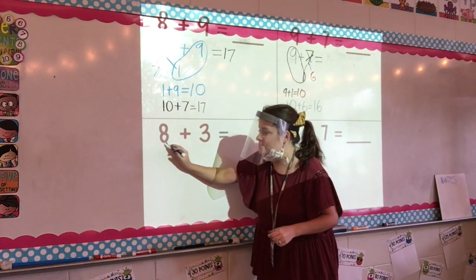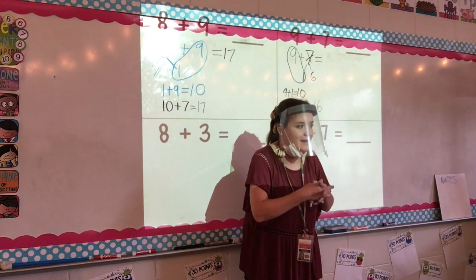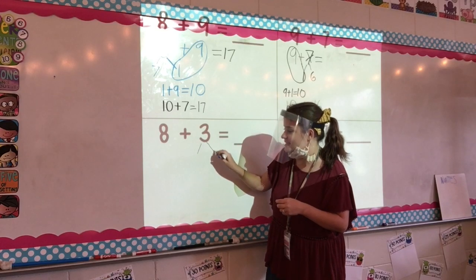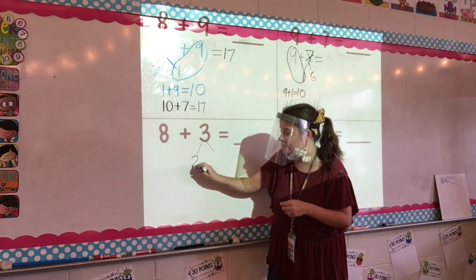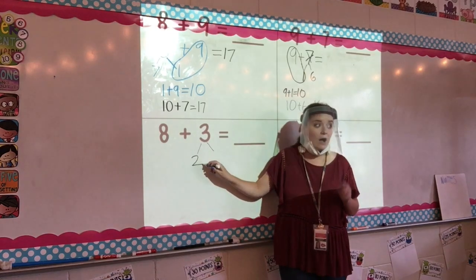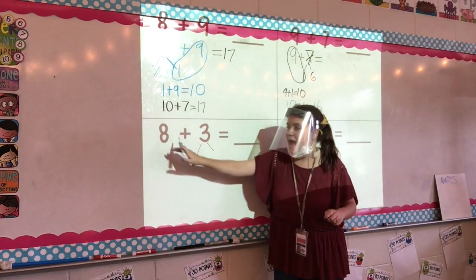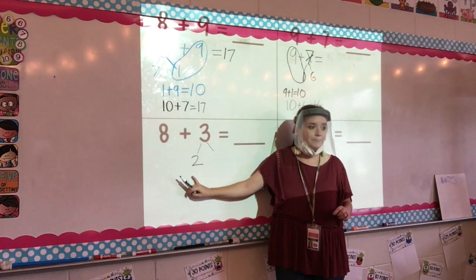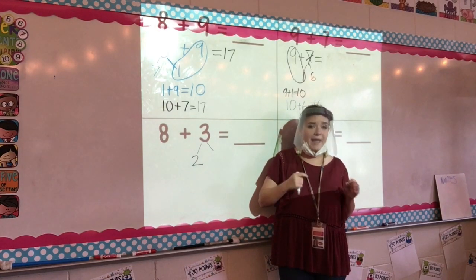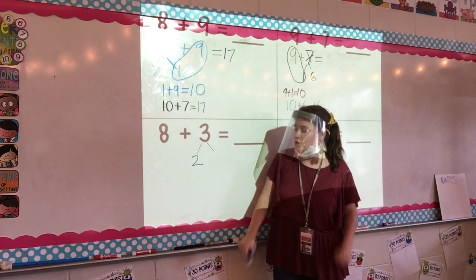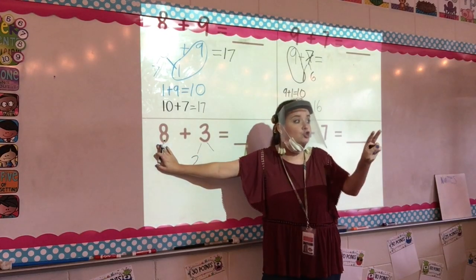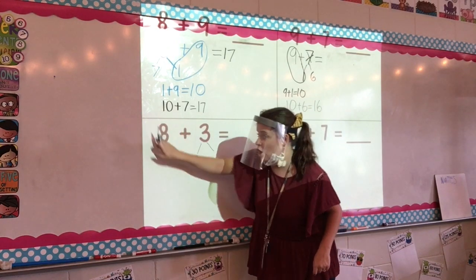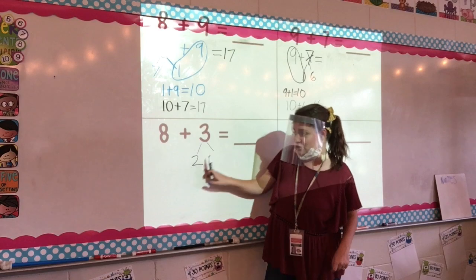So if I want to make a number pair to 10, I'm going to need to get a 2 out of this 3. I'm not doing a 1 this time because it's not 8 plus 1 equals 10. So 8 needs 2. When I make the number bond, I want this 2 because I'm about to circle 8 plus 2 is 10.